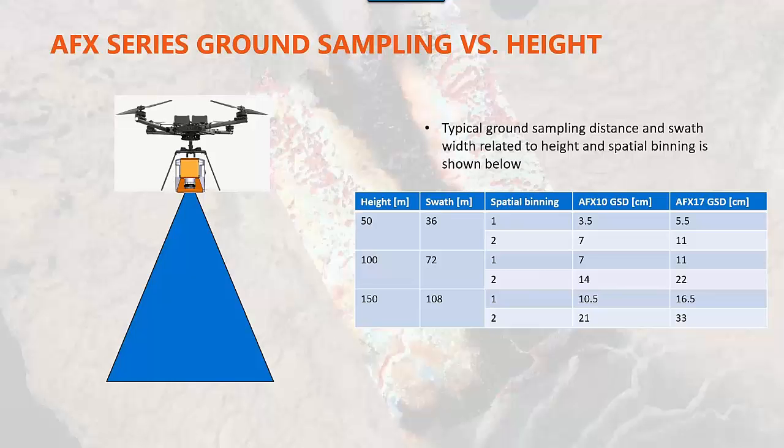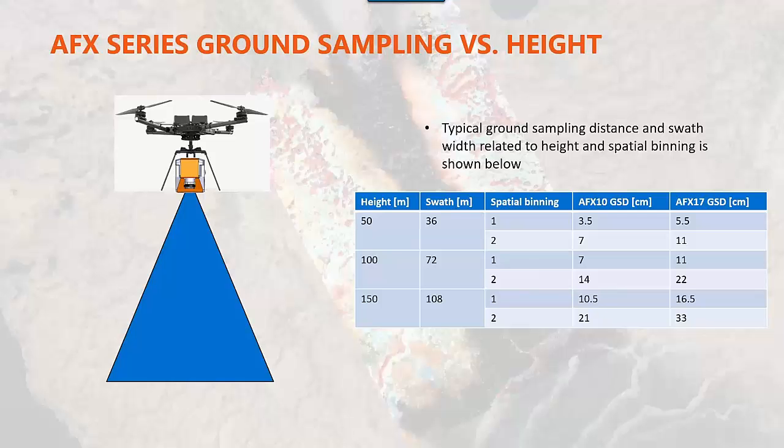On this table, I have illustrated the different ground sampling distances as a function of height. So when you fly at 50 meters, your ground sampling distance on AFX10 is 3.5 centimeters and AFX17 5.5 centimeters when using spatial binning by 1. If you bin by 2, your ground sampling distances will be doubled.